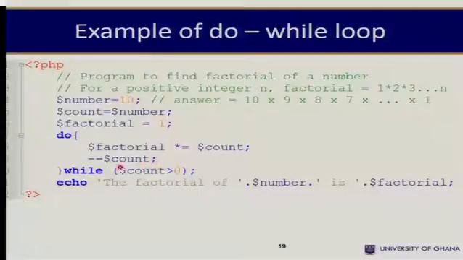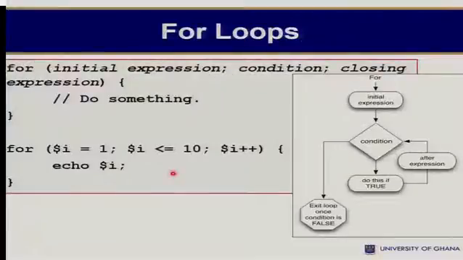So when we come back here and reduce this count, and this count gets to 0, we test here. So once this count gets to 0 and we test, then the loop will not be executed again.